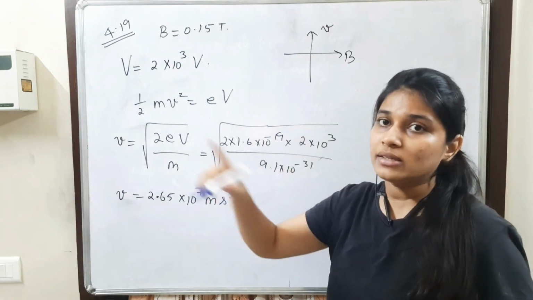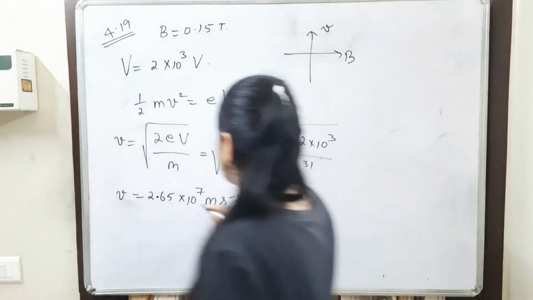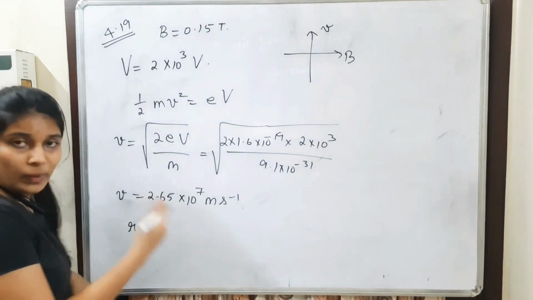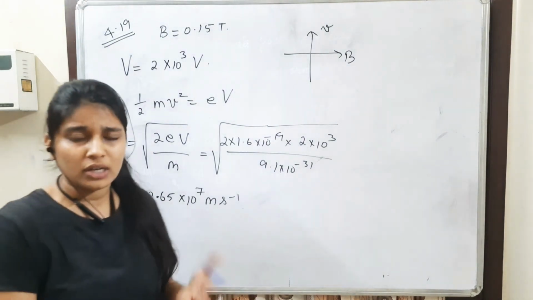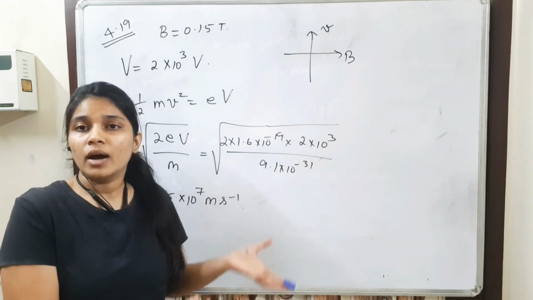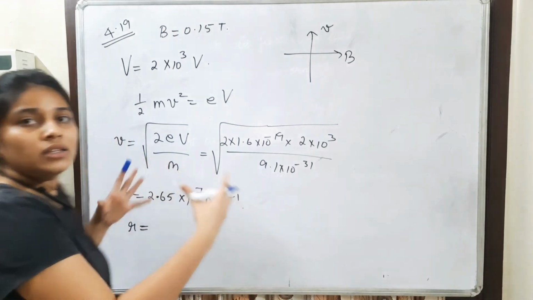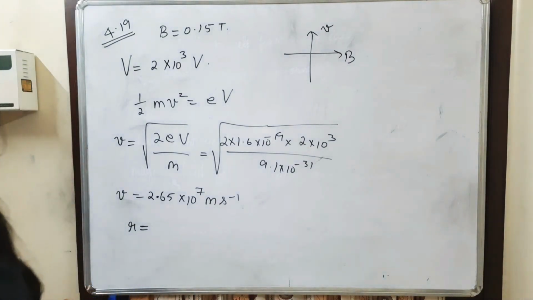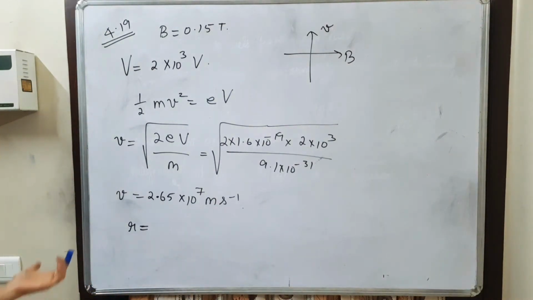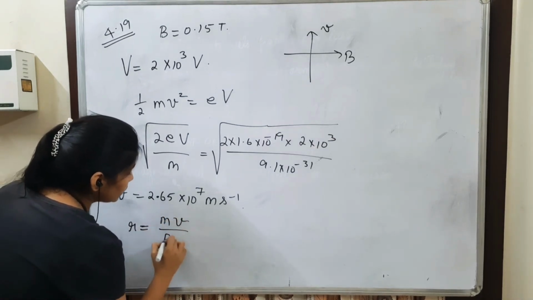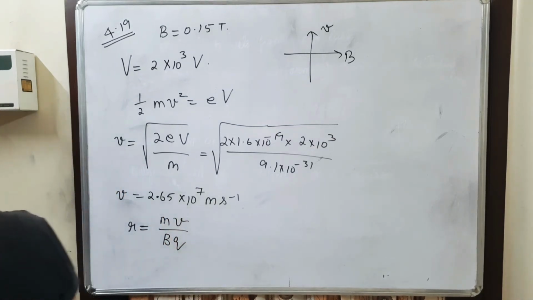Now in the question they're asking us to find out the trajectory. Meaning you have to say what shape the particle is traveling, and if we have found the shape, then we can also find out the radius of that circular path. So R is equal to mv by bq.